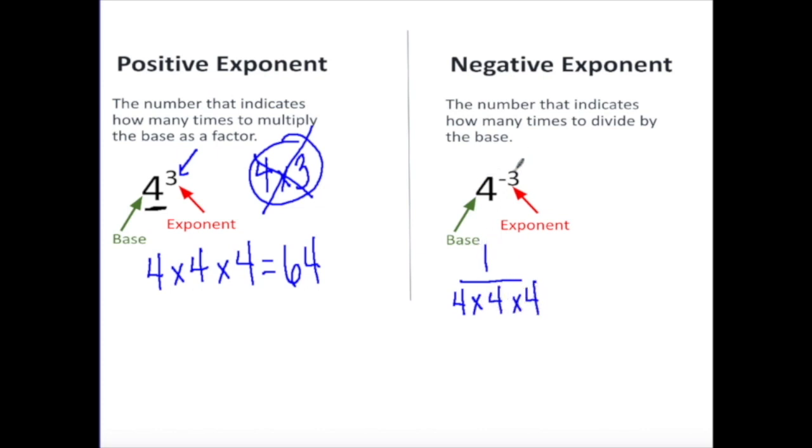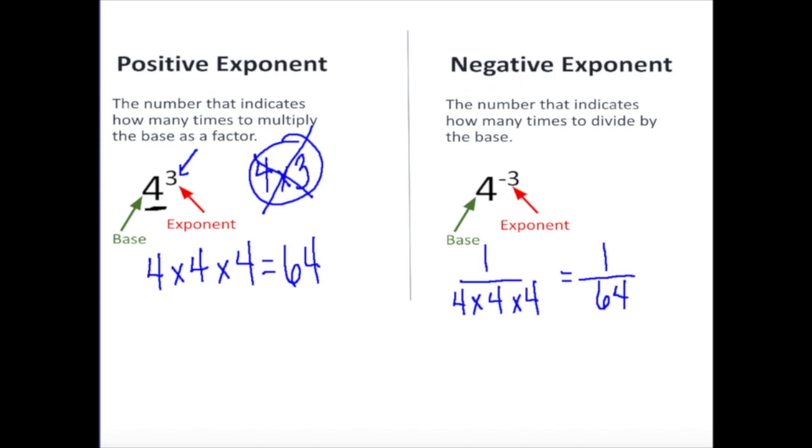So 4 to the negative third power is 1 over 4 times 4 times 4. Well, 4 times 4 times 4, we just saw over here, is 64. So 1 over 64. So a very, very similar process. It's just how do we rewrite that to show a slightly different piece of information.